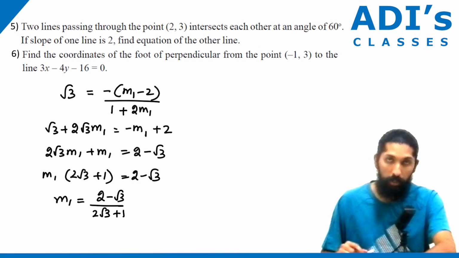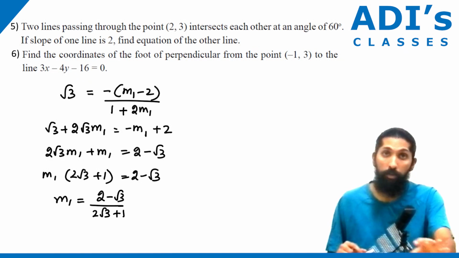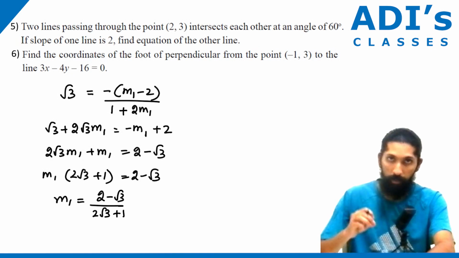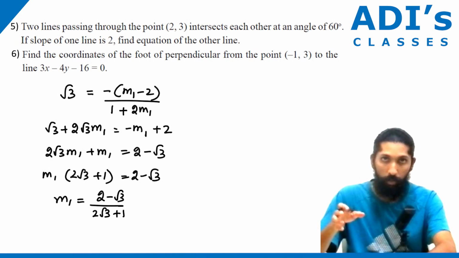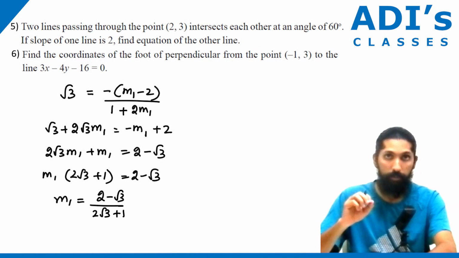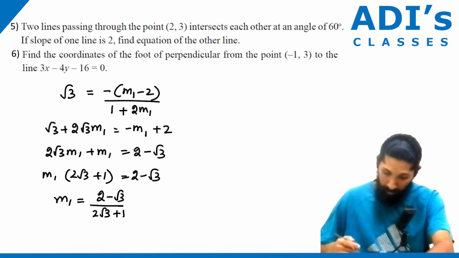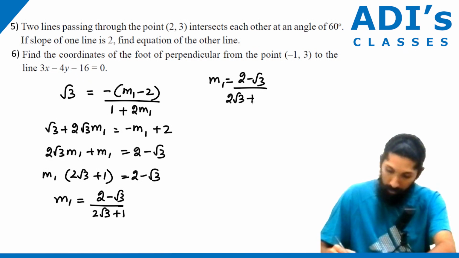Now when you do this, again rationalize, get the value of m. So the m value is going to change from what you got in the previous case. In case 1, what you got was taking the positive case. Now we are taking the negative case, correct? So in this case, m1 becomes (2 minus root 3) by (2 root 3 plus 1).